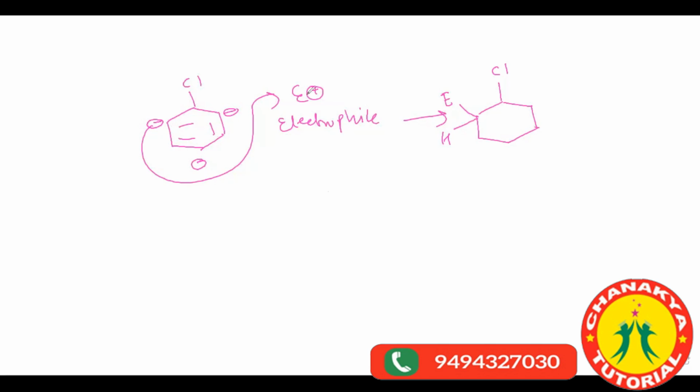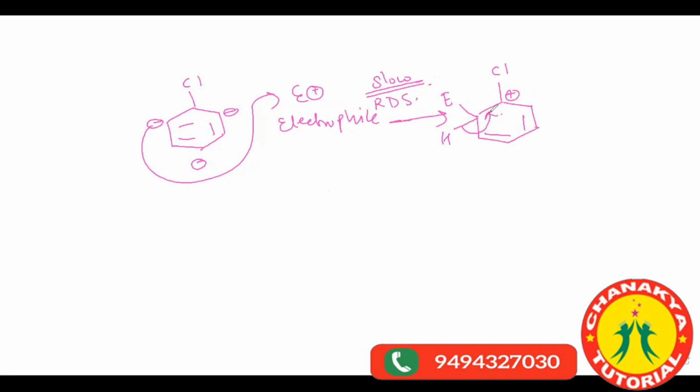As the double bond is utilized to form a bond with the electrophile, what happened? It generates a positive charge over here at the chlorine, right? One of the double bonds is broken because the electrophile takes the electron. This step is a rate determining step, RDS, meaning the slow step, right? It happens in a slow manner and determines the rate.